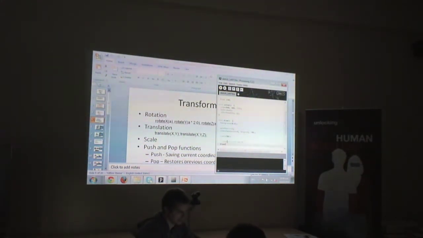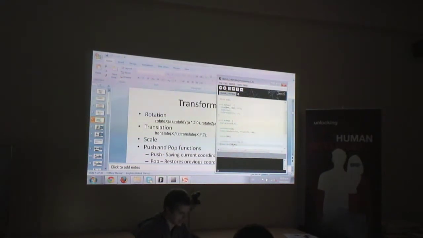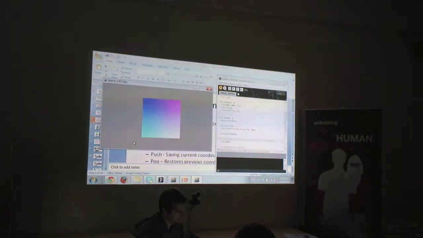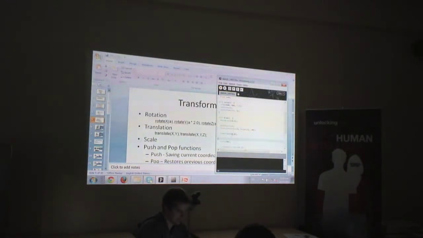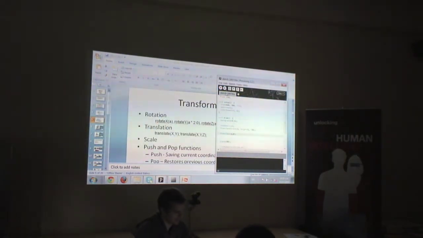Translate is even simpler. So if we translate by 10, it's going to move it 10 units, which, since it's been scaled by 90, is quite large. Do that before the scale. So maybe I'll make that x. If we translate in the x-axis positively, it's going to move to the right.